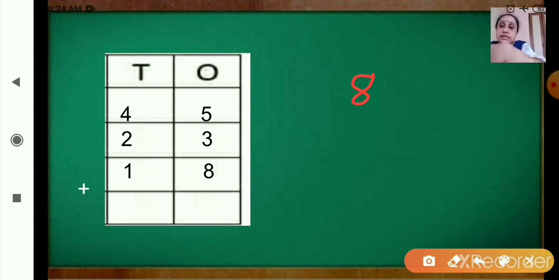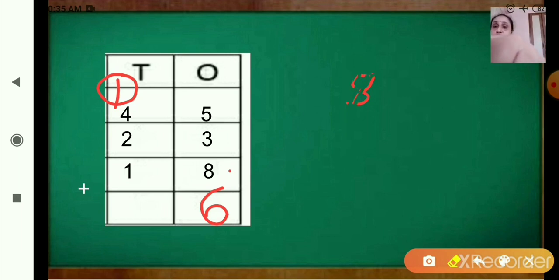And then with this 8, we have to add this 8. 8 plus 8 is 16. You will write only 6 and 1 will be carried to the next place. Okay, so 1 plus 4.